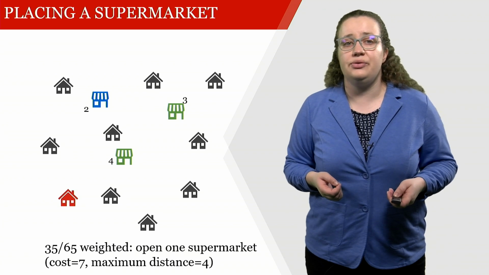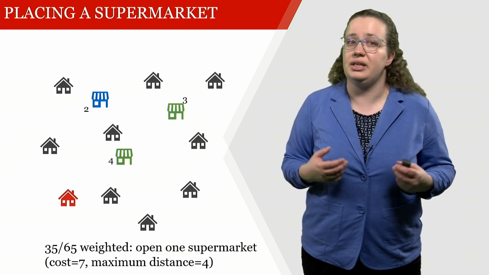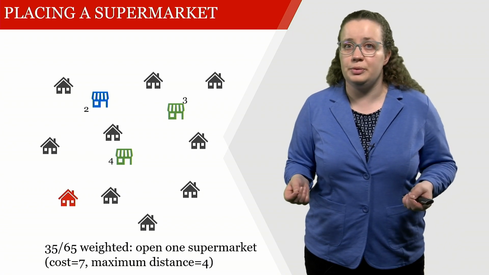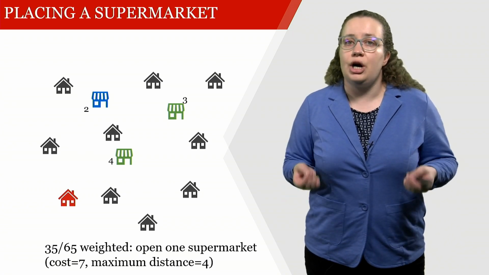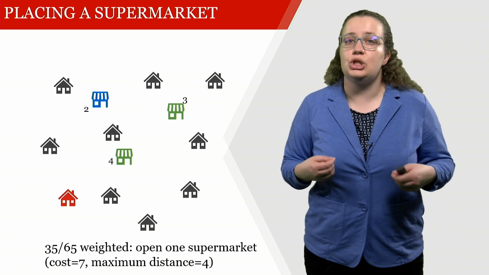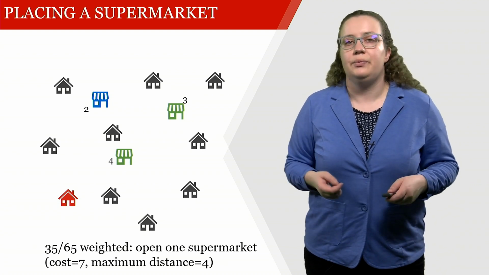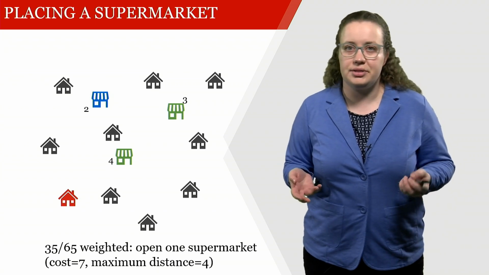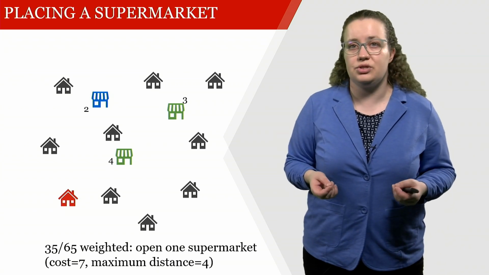If we use a different weight, a weight of 35 and 65, then we open 2 supermarkets, which gives us a cost of 7 and a maximum distance of 4, which is, of course, better for the customer, but it results in a higher cost. So also here we can generate some trade-off.